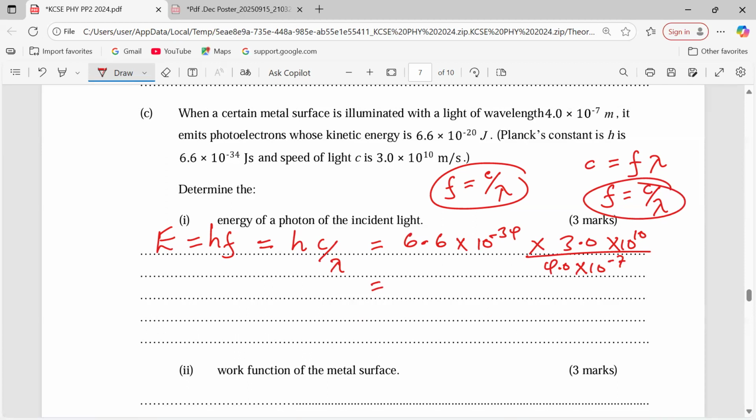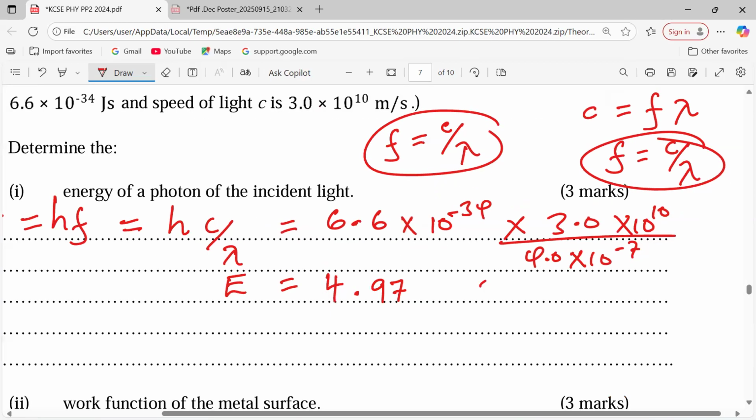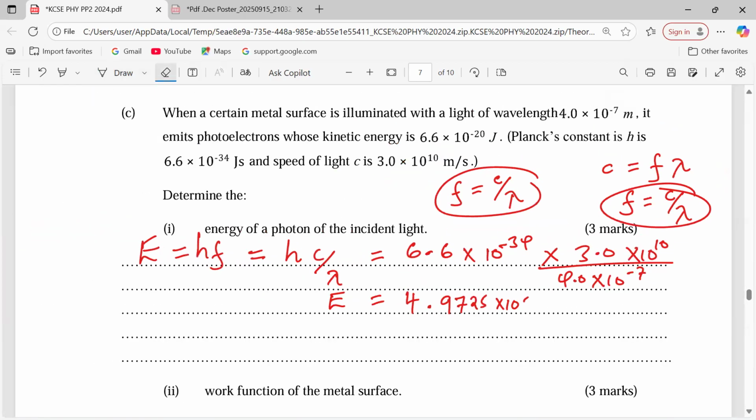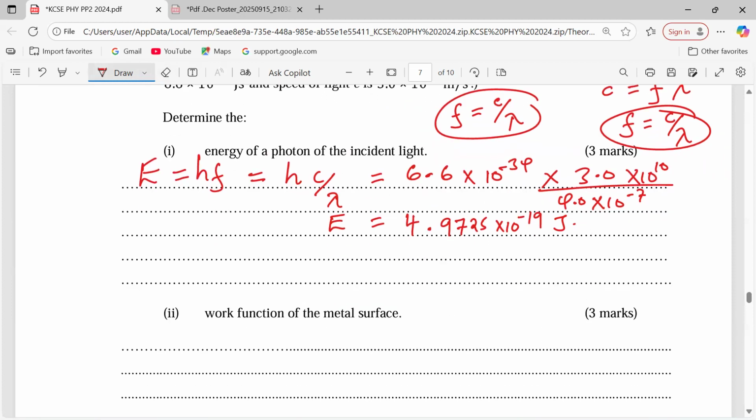So here the energy of this radiation is 4.9725 times 10 to the power of negative 19 joules, since it is energy. So that's how we work out the first part.